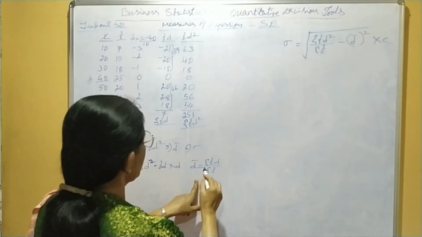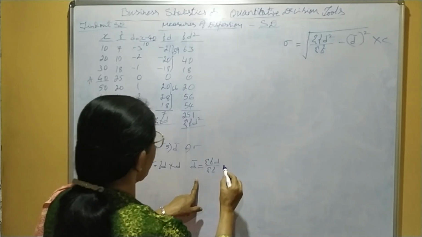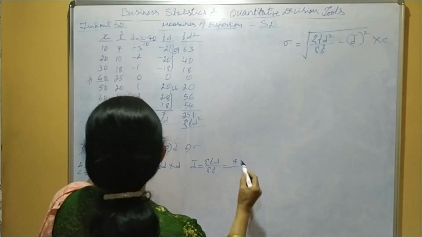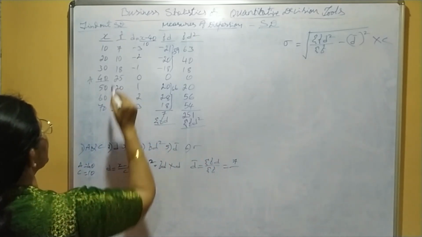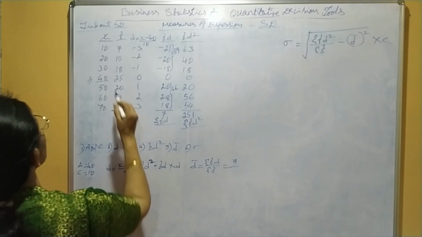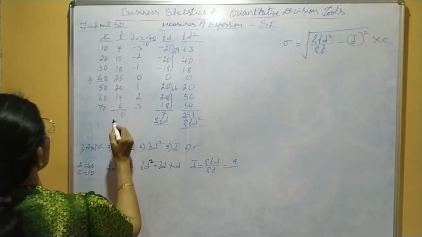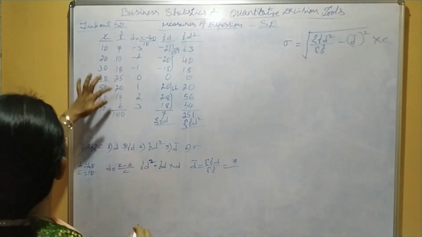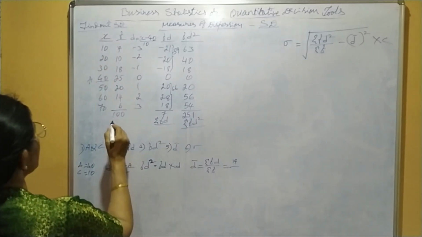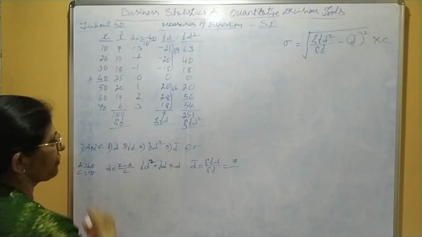D bar equals sigma FD divided by sigma F. Sigma FD is 7. Sigma F means total of frequencies. It is 100. Yes, it is sigma F.